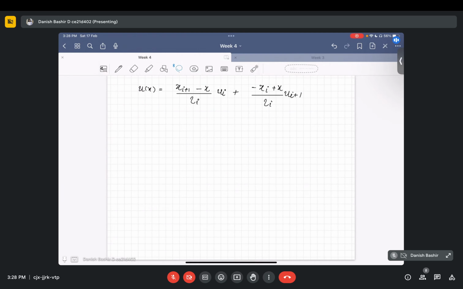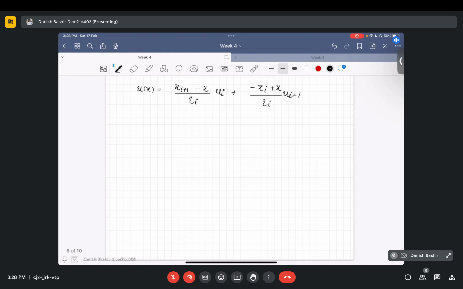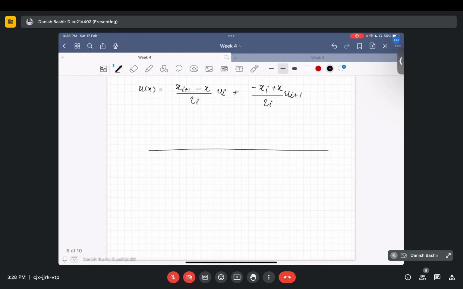So if we see within this typical element how this u of x is varying, so our element was like this. This was the ith node, and this was the ith plus one node. And so the value of this solution, u of xi is equal to ui.